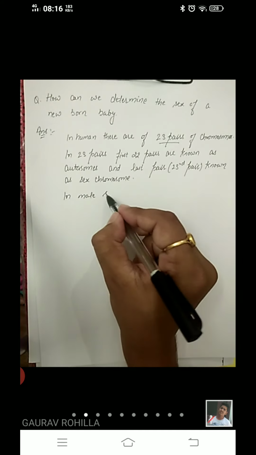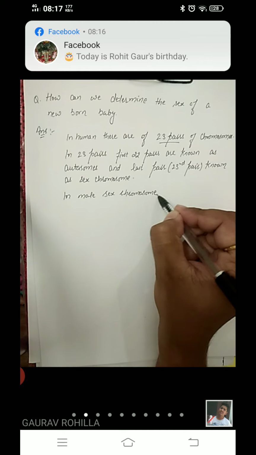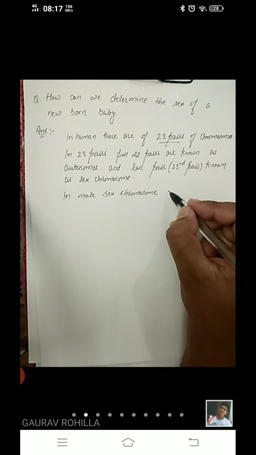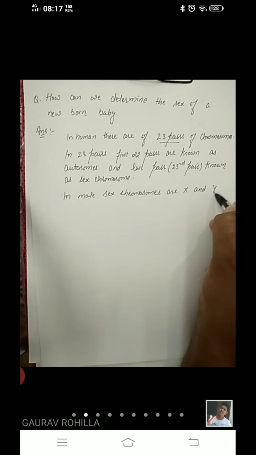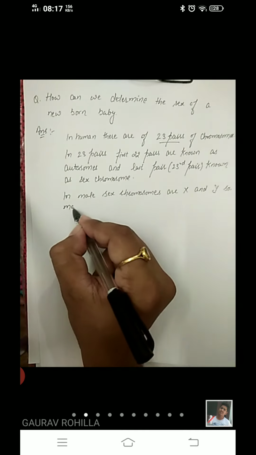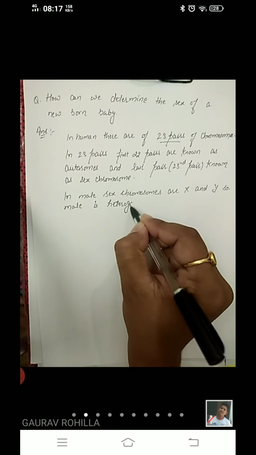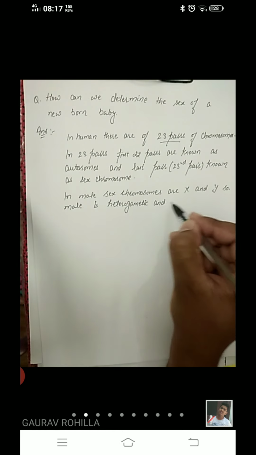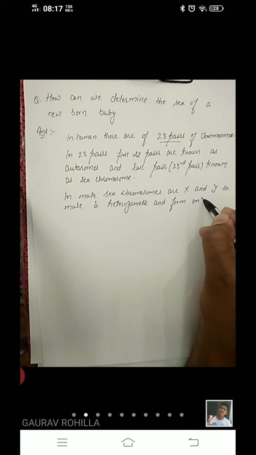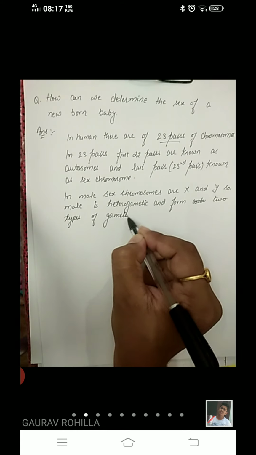In male, sex chromosomes are X and Y. So male is heterogametic, and forms two types of gametes.